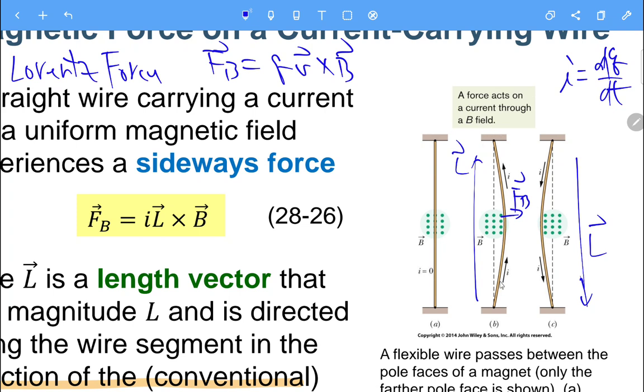So you can see the wire here bending to the right side. And here, L is pointing downward, so L cross B points to the left side, and of course, F_B points to the left side.